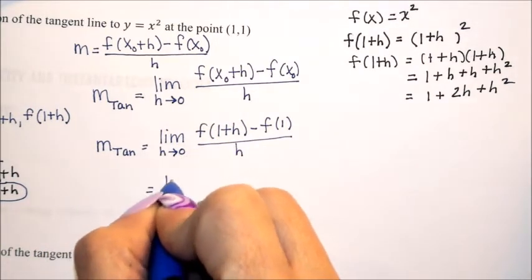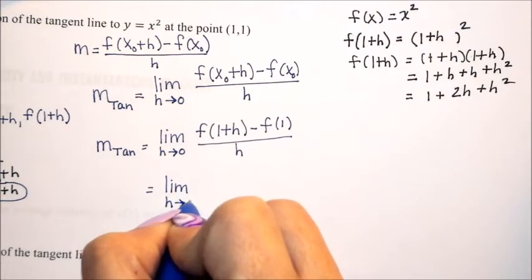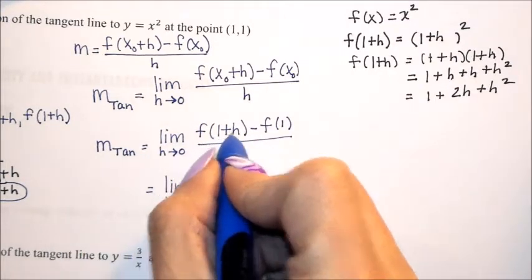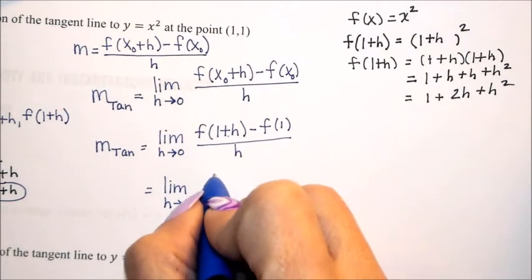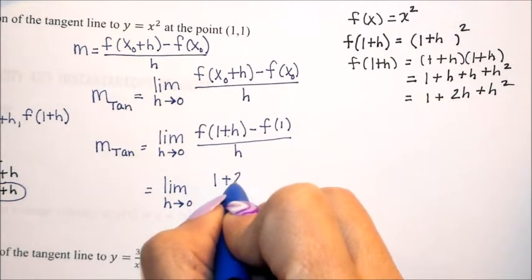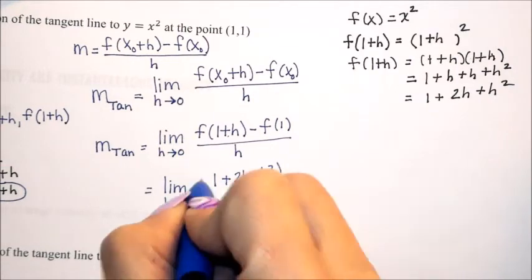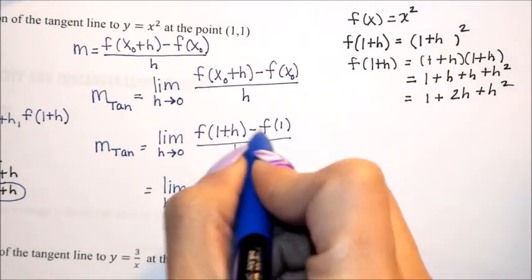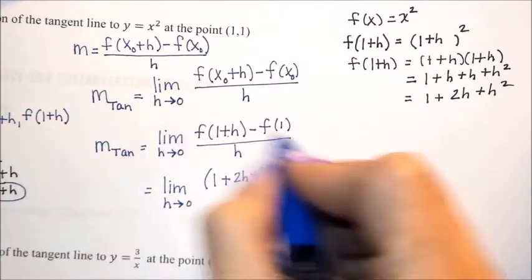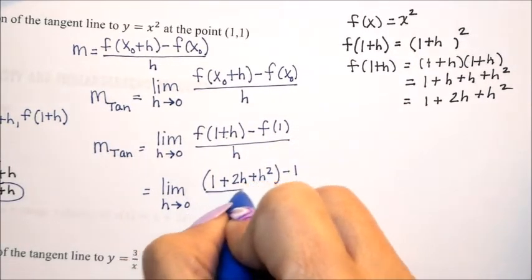So the limit as h approaches 0. f of 1 plus h, I know it's that right there. So it's 1 plus 2h plus h squared, all of this minus f of 1, which is 1, all over h.